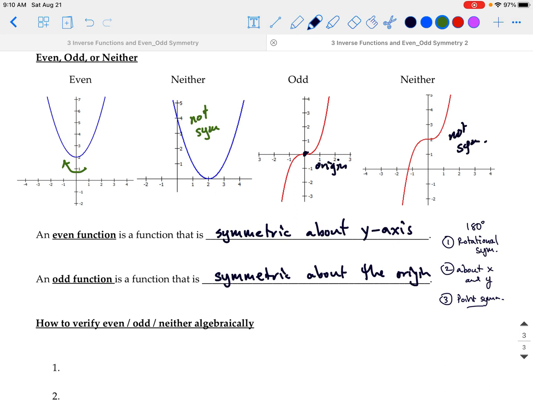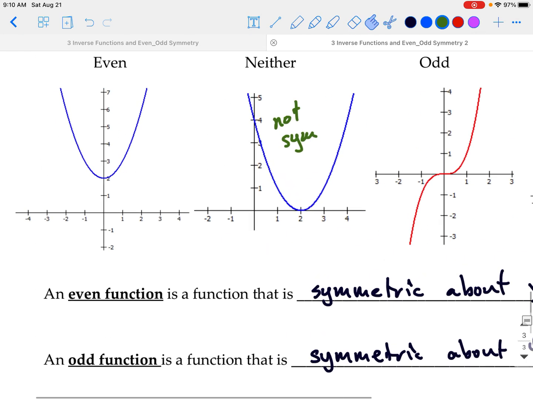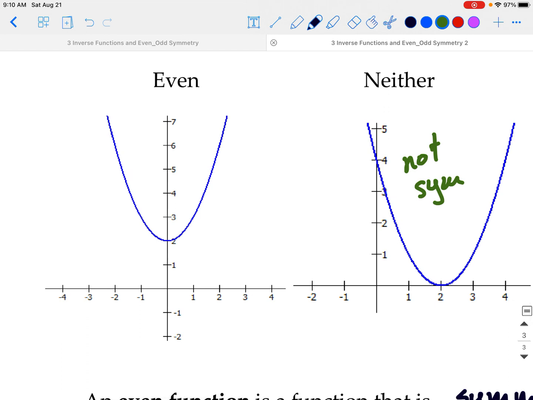So the way that we're going to verify that is by looking at coordinates and how they correspond with that symmetry. So if I were to pick an arbitrary value, let's call it x, and I were to map that value of x, it would go to the coordinate x comma f of x, right? So wherever x is located.